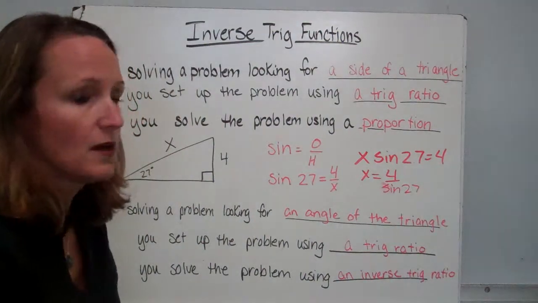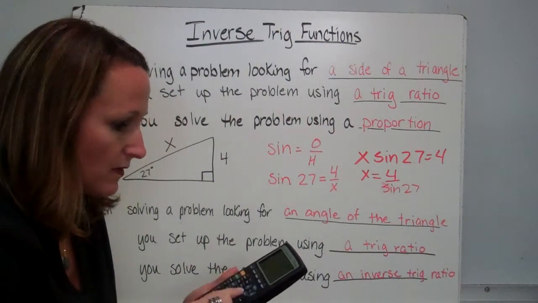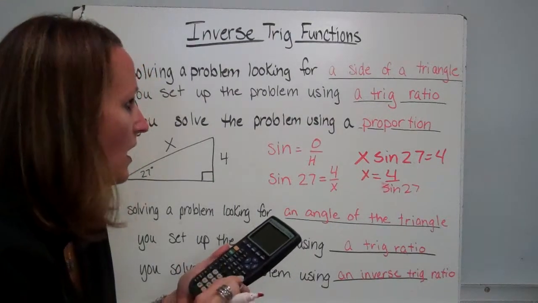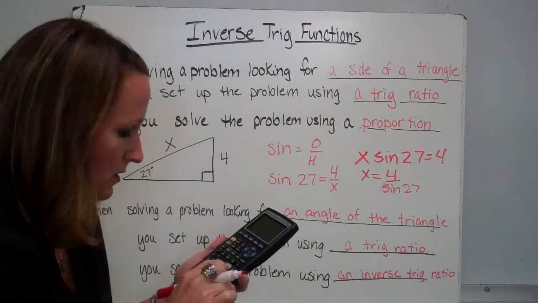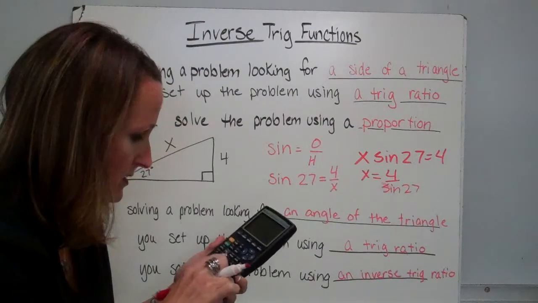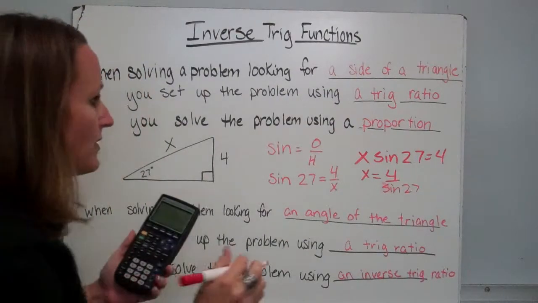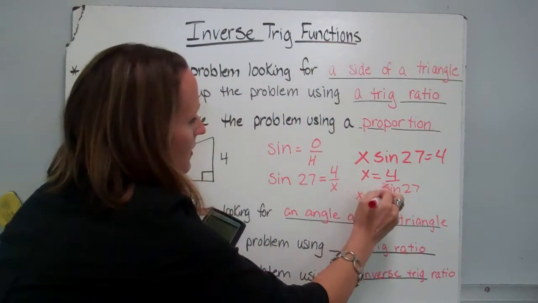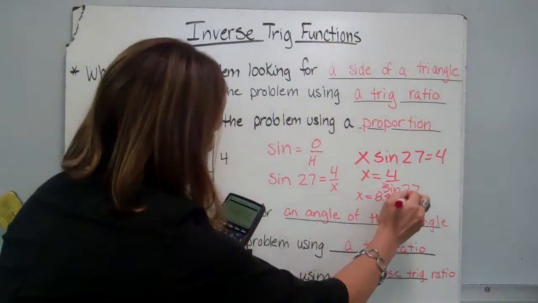Then when we go into our calculator, and again, make sure that you're in degree mode, we would do 4 divided by the sine of 27, and we find out that x is equal to 8.810.